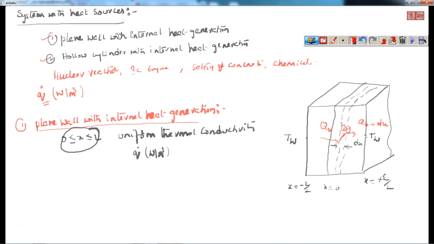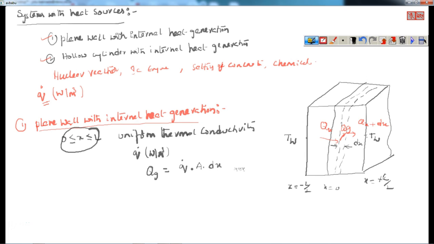Qg is the heat generated within the elemental slab. It is Q dot, the heat generated per unit volume, times the area of the slab, denoted as A, and the length dx. So the heat generated within the small elemental slab is Qg equals Q dot A dx.